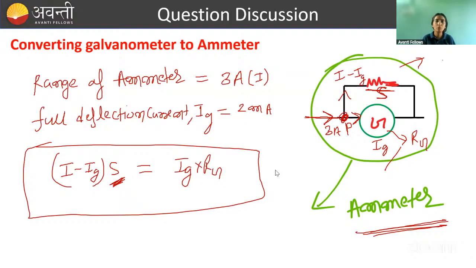It will only measure up to 3 ampere. So we need to attach an ammeter whose range is closer to the range of current available in the circuit. So basically it will become dysfunctional, that won't work. The purpose will not be served.